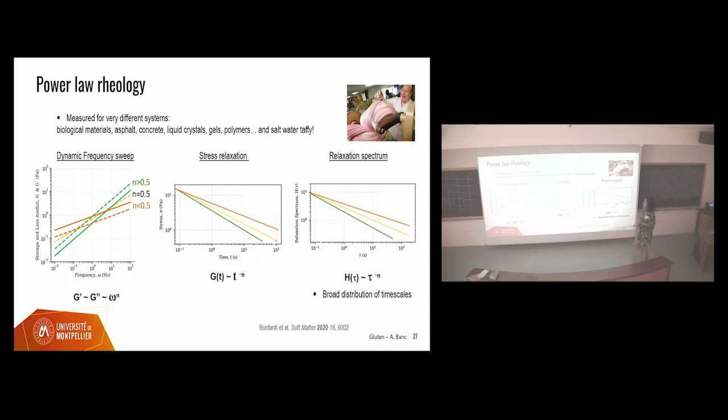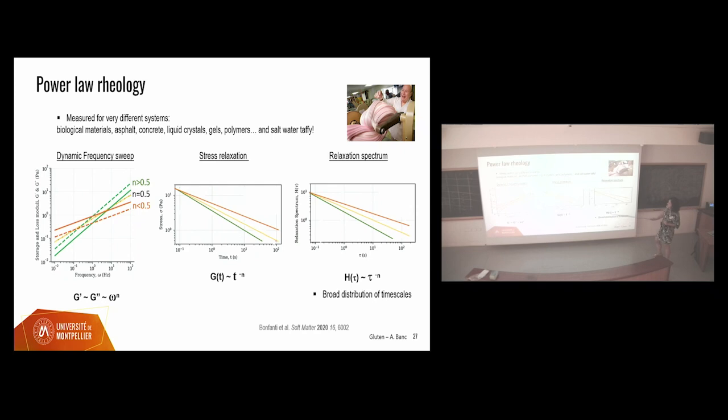Generally, you measure a power law evolution of G prime and G second as a function of frequency. And if G prime is over G second, this power law exponent is below 0.5. If G second is over G prime, this power law evolution has an exponent higher than 0.5. And G prime equals G second when this exponent is 0.5.